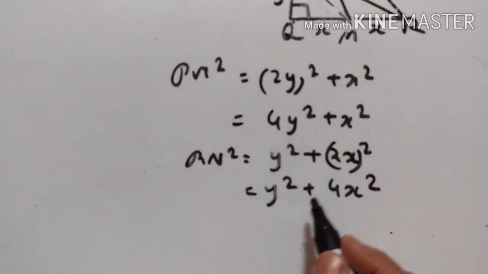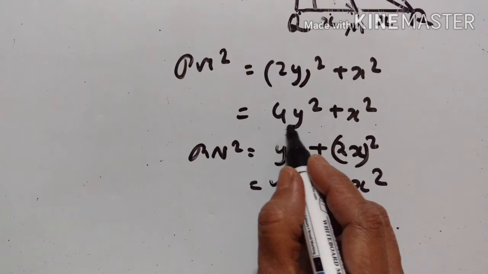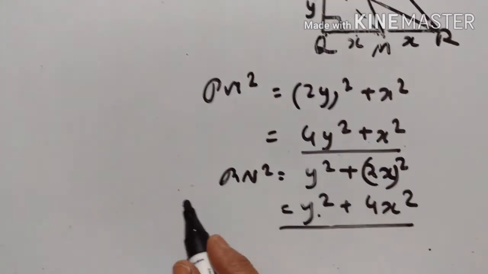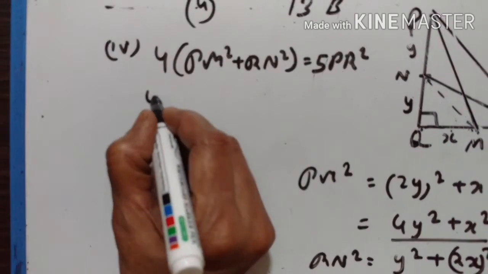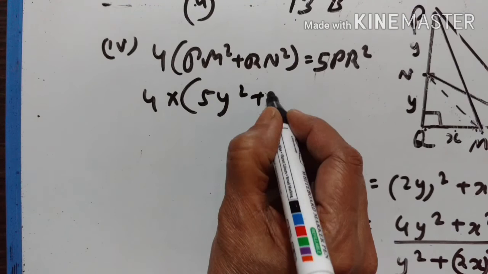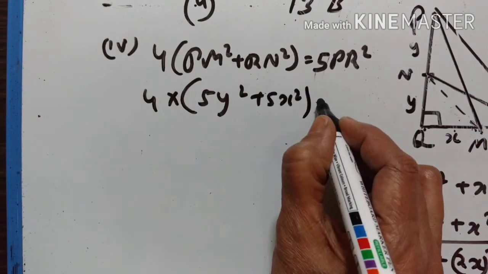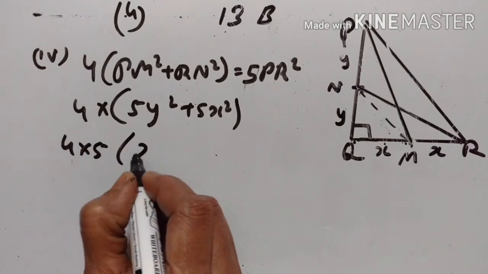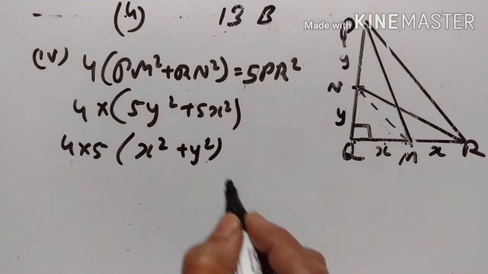PM square plus RN square is equal to what? When we add these two, we get 5y square plus 5x square. 4 into 5y square plus 5x square. Let us take 5 common. 4 into 5 x square plus y square.